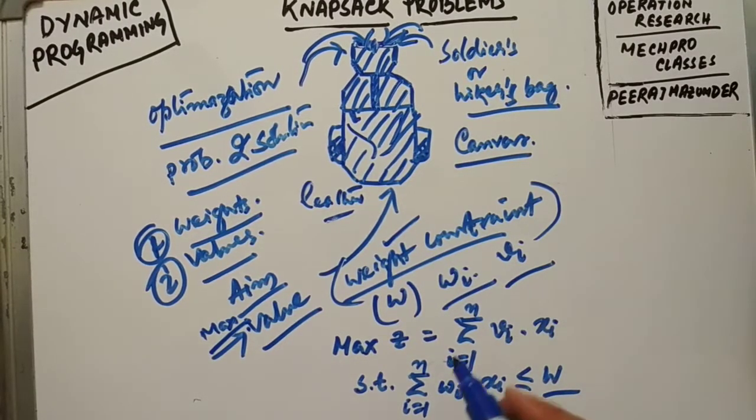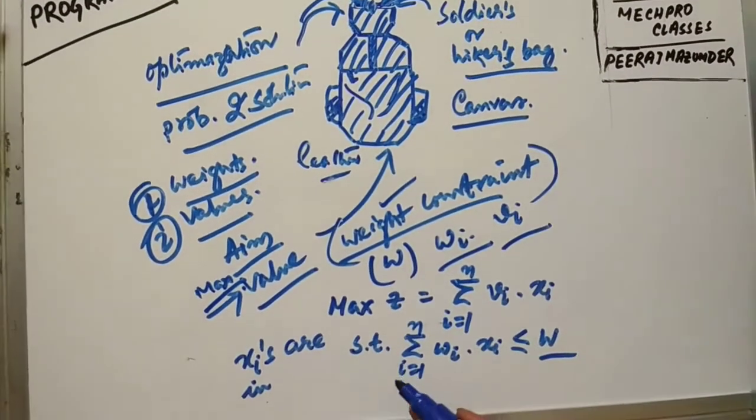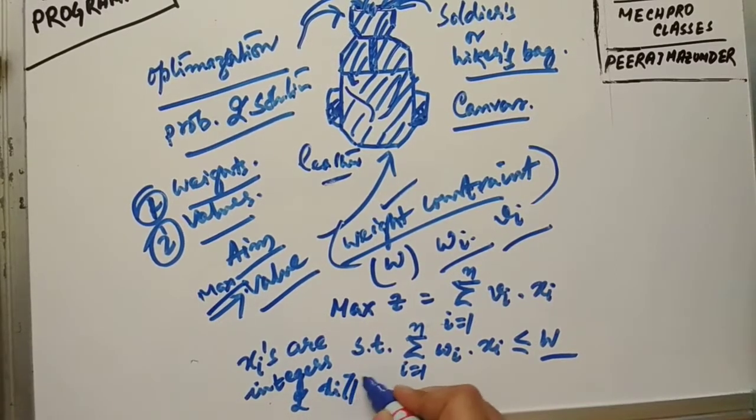And now one more thing you have to consider, xi's are integers, and xi is a non-negativity constraint, so xi should be greater than or equal to 0.